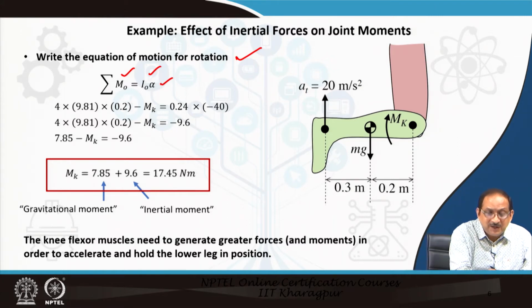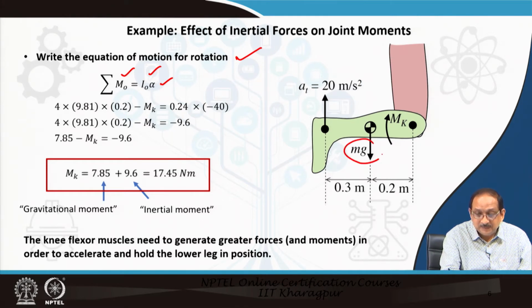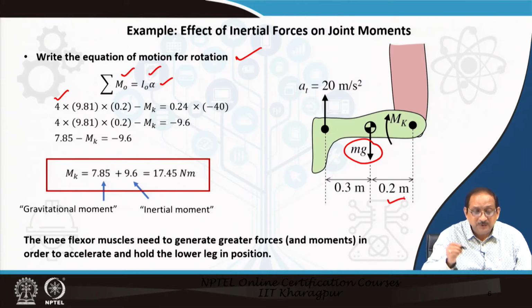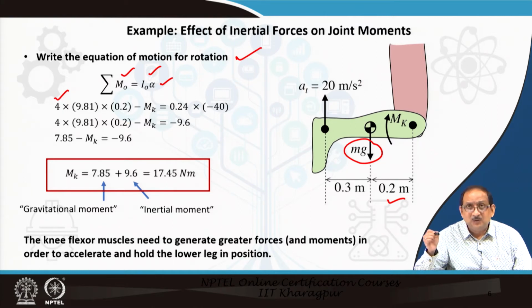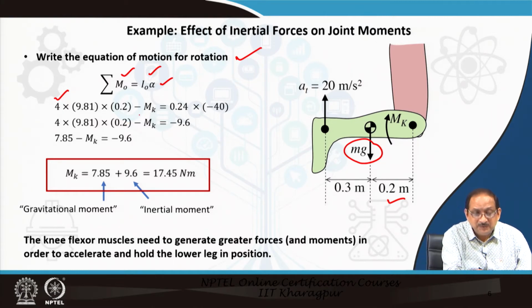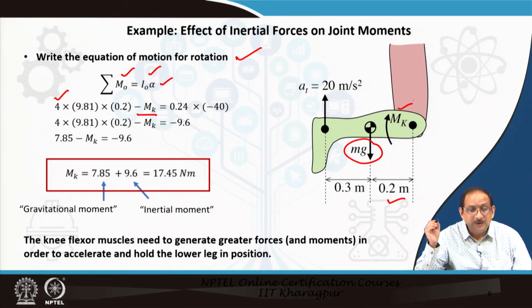On the left hand side of the equation, we write the moment due to the gravitational force, 4 kg mass acting through a distance of 0.2, which gives the gravitational moment, and this moment is acting anti-clockwise, whereas the moment Mk is acting clockwise as indicated in the figure.